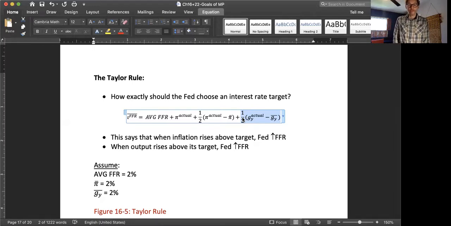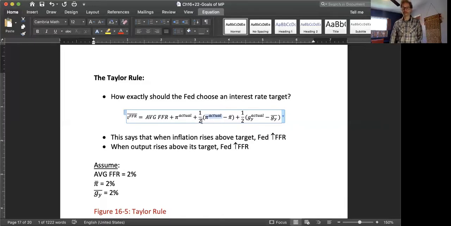Notice what this federal funds rate is saying. When inflation is above target, what should we be doing? We should be raising our federal funds interest rate target. In other words, if inflation is going up, we raise our interest rate target. And notice how much we have to raise it. If actual inflation rises by 1%, we have to increase the target by 1% here, and then also increase it by 0.5%.